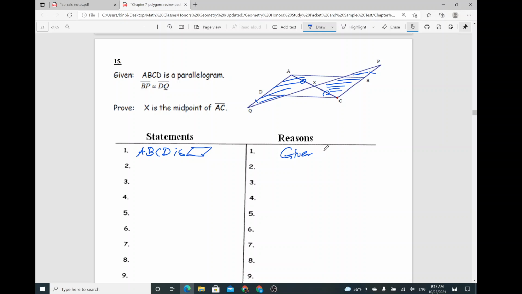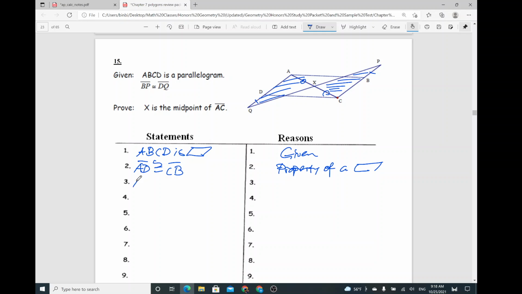So using the properties of the parallelogram, we can say that segment AD, not AB, is congruent to segment CB. Again, properties of the parallelogram. Once we get this, we can combine those two segments together.